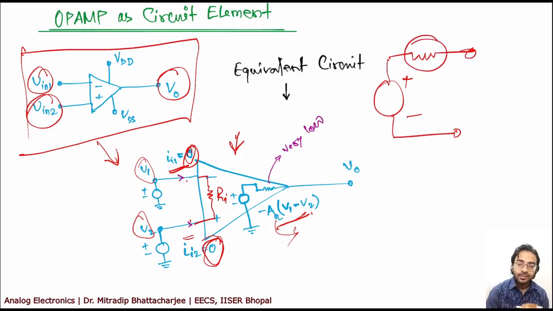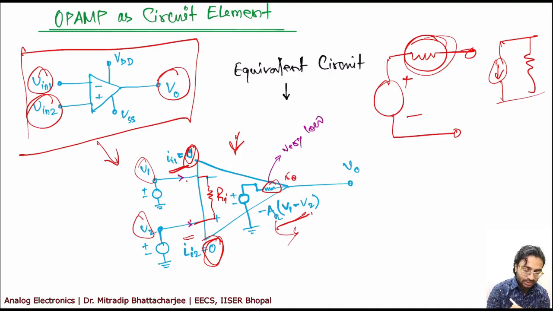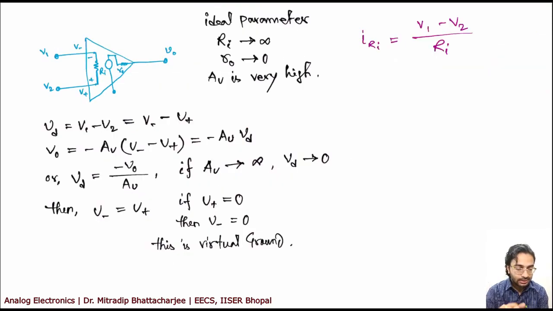It appears in series with the voltage source. For a current source it is the other way around, it appears in parallel. So in this case the series resistance, which is nothing but R0, is very very low, so you can consider this as a short circuit.